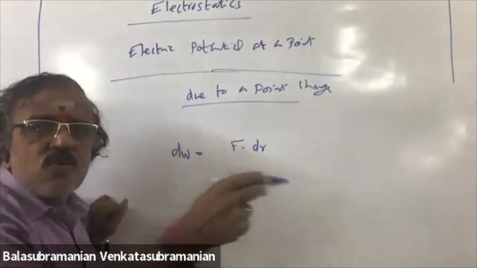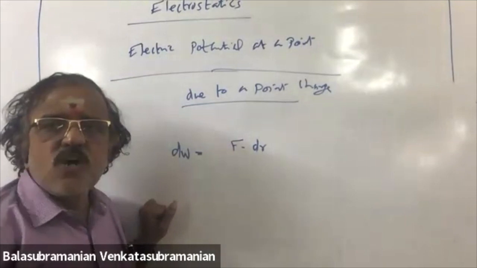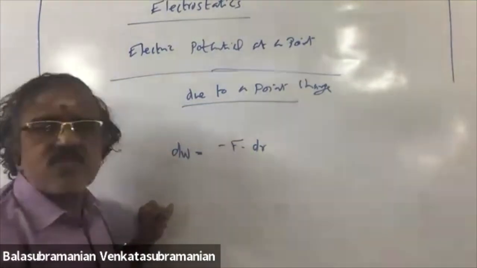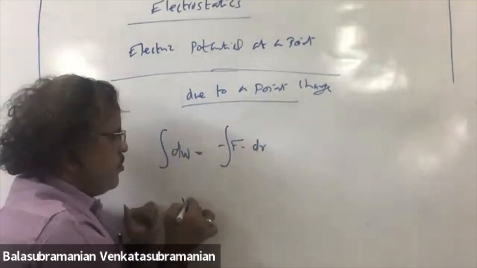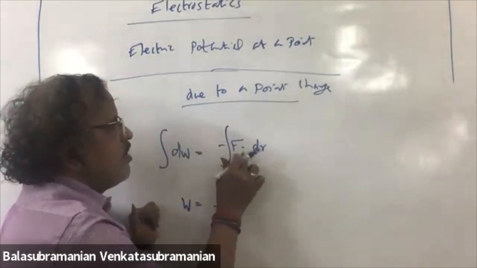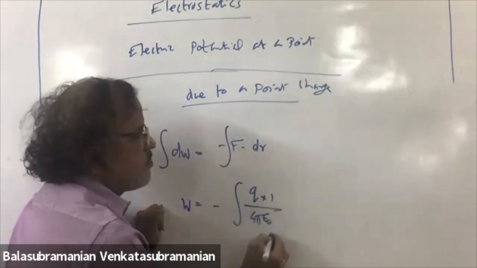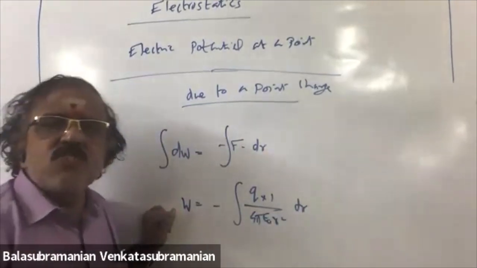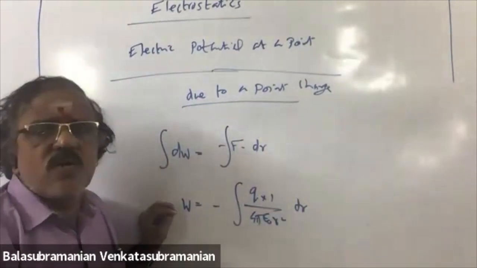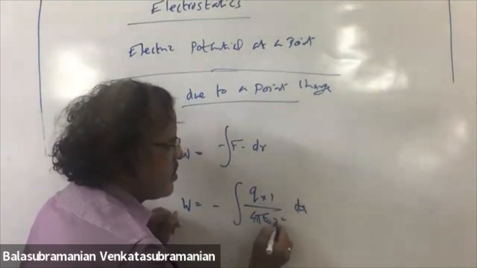One charge is Q, another charge is plus 1 coulomb you are moving. So repulsive force, minus. Integrate: W is equal to minus integral of force, Q into 1 by 4 pi epsilon naught R square dr. No sir, x square only I will put. You put x square, no problem. Then it will become dx, it will become x.